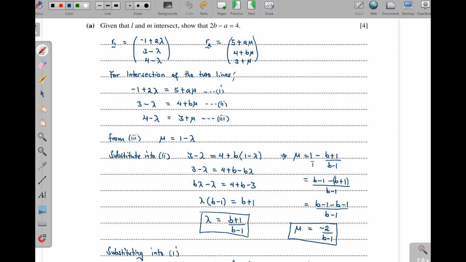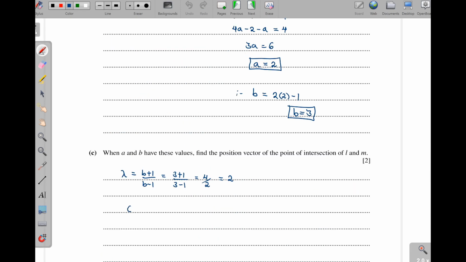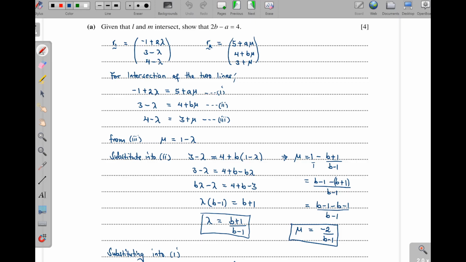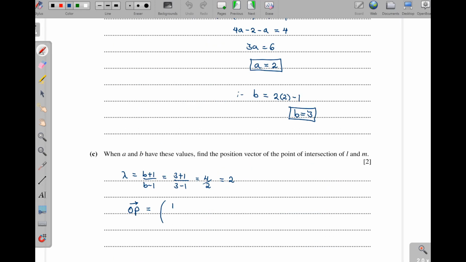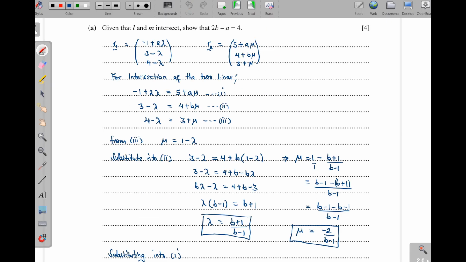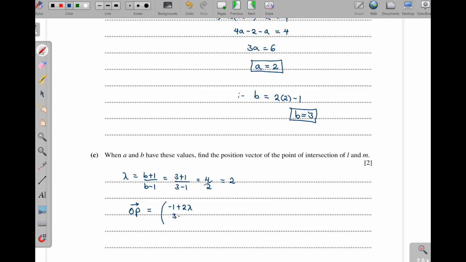Suppose I take this one here, I can let the point of intersection be P. So this one is going to be 1, then it is -1 plus 2 lambda. Then we also have 3 minus lambda, then 4 minus lambda.